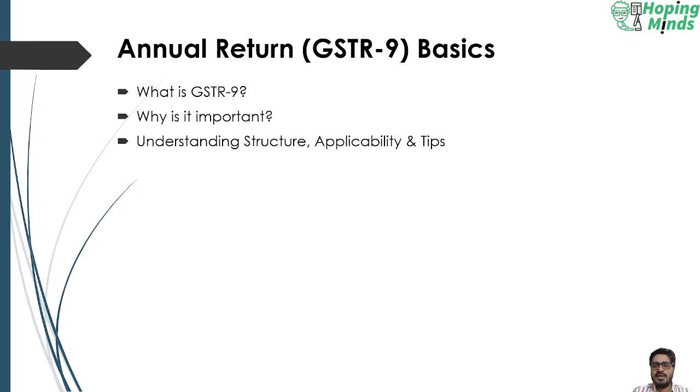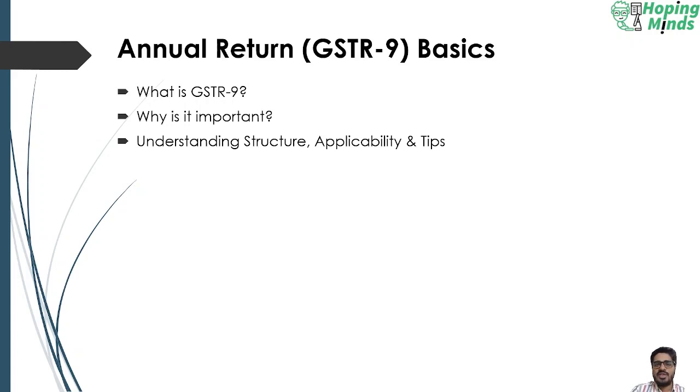So in our previous session, we learned about the composition scheme of GST. Under this scheme, taxpayers whose turnover has not exceeded rupees 1.5 crores can opt to pay taxes at a fixed rate of 1%, 5% or 6% as the case may be. Also, we learned about the annual return that the composition dealers are required to file.